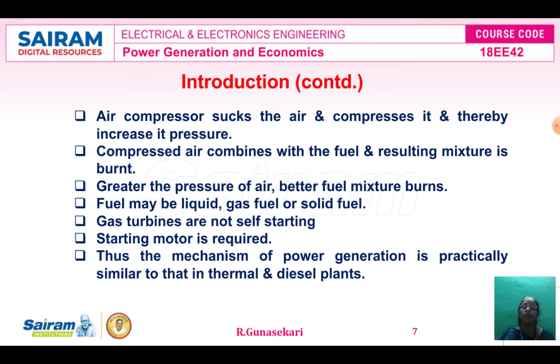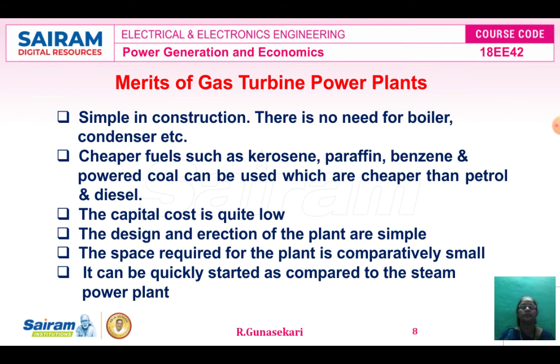The fuel used in the gas turbine power plant may be liquid, gas or solid fuel. Gas turbines are not self-starting because a starting motor is required to start the gas turbine. Therefore, the mechanism of power generation is practically similar to that in the diesel power plant and steam power plant, that is, thermal power plant.